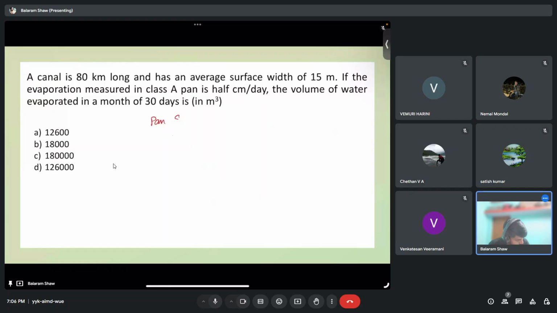Pan coefficient for class A pan is 0.7. And evaporation is half centimeter per day. Total time is 30 days. So you need to find out how much.